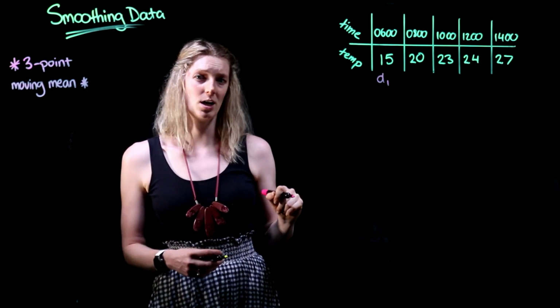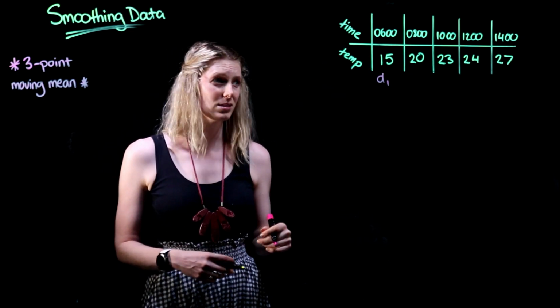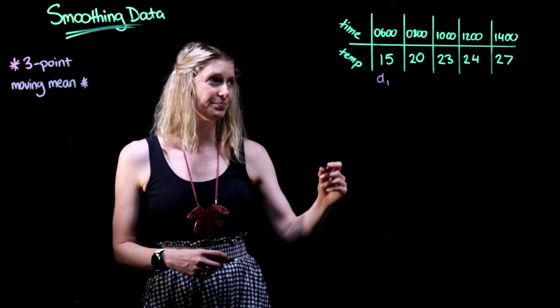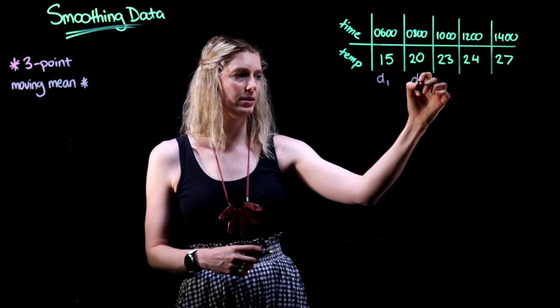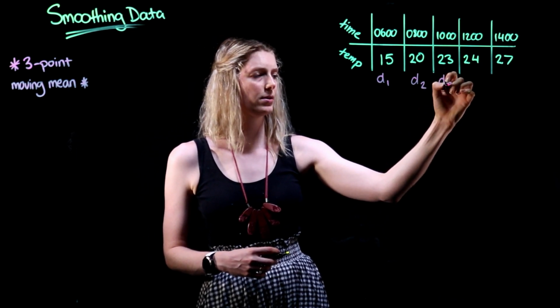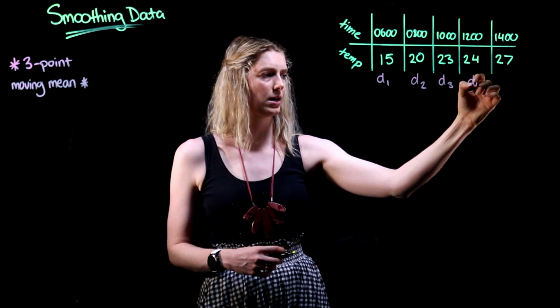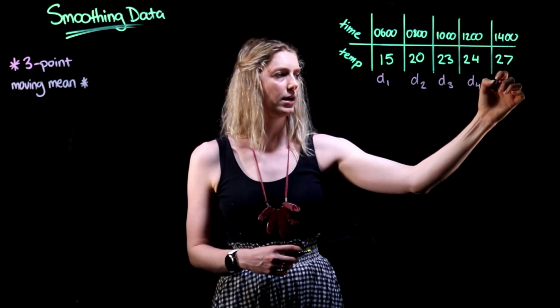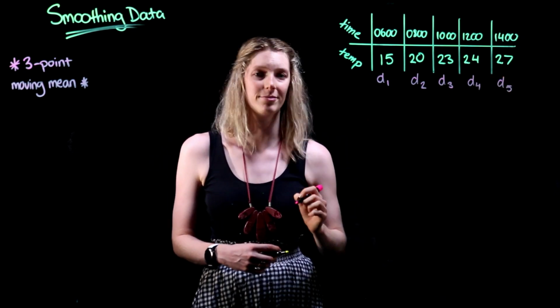So this first time of 600 hours can be data point 1, our 800 data point 2, 1000 data point 3, 1200 data point 4, and 1400 data point 5.